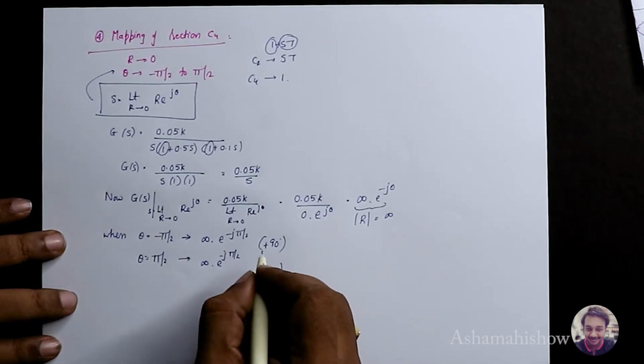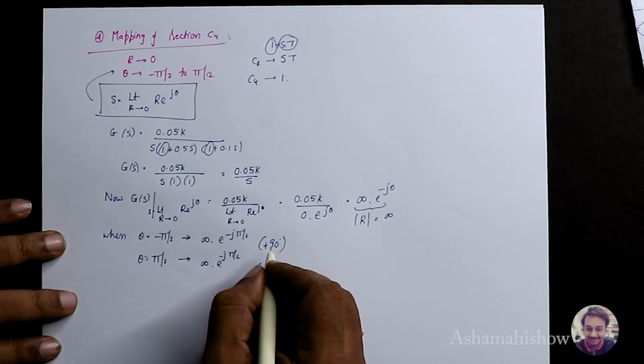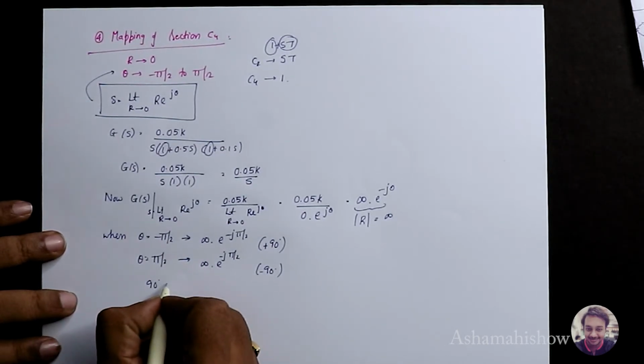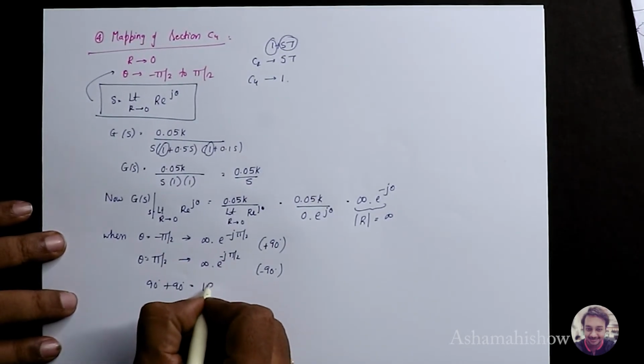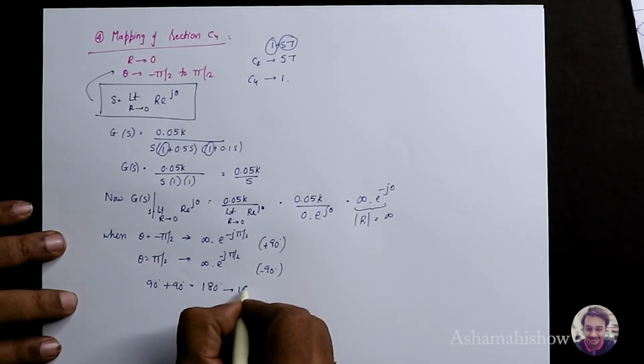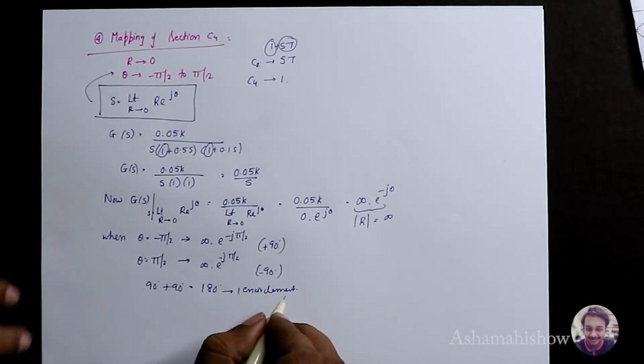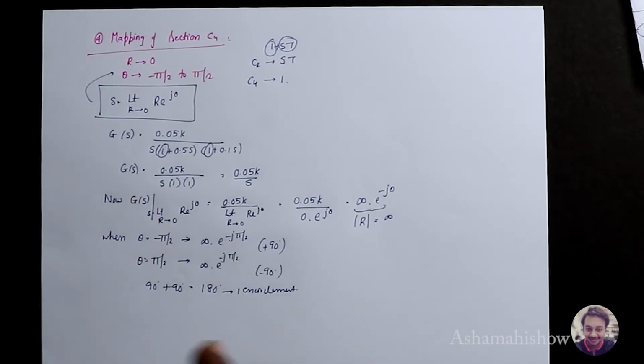So one is plus 90 and this is minus 90. As we have done previously, you just add these two, which becomes 180. So there is only one encirclement here, and this is like closing the loop. So 180.